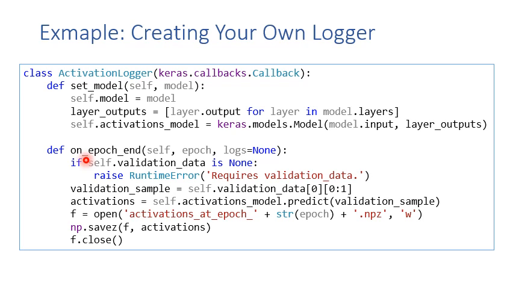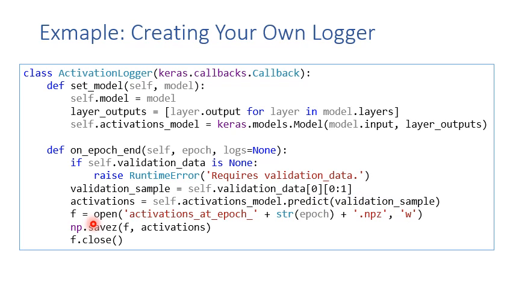Also, at the end of each epoch, we first check if we have validation data, because we will use the validation data to calculate the activations. If we have it, we get the first sample of the validation data and then make a prediction.